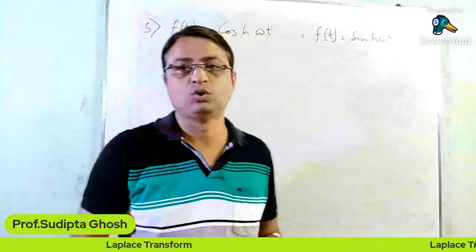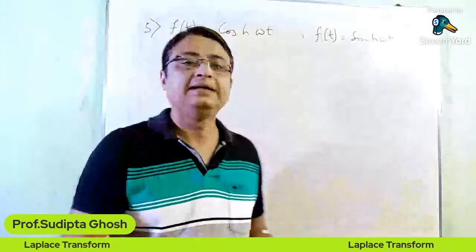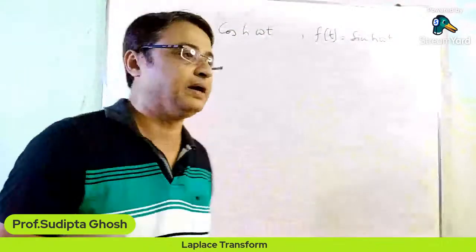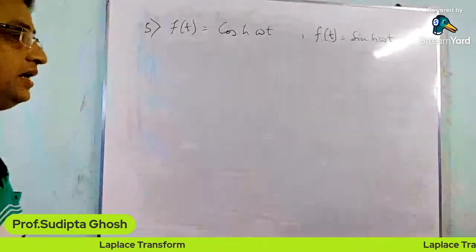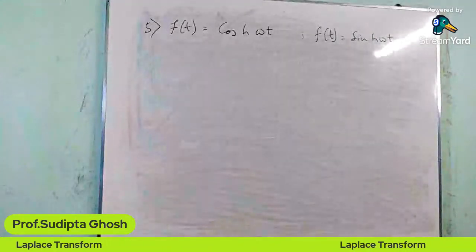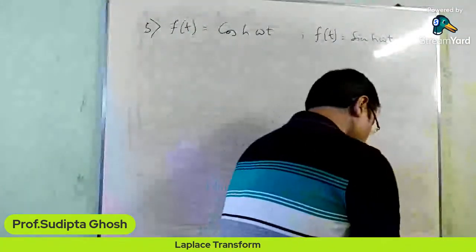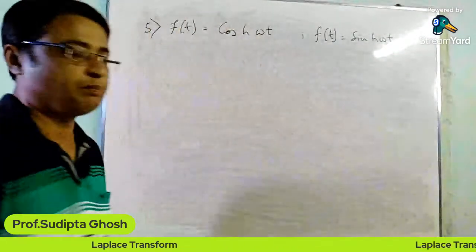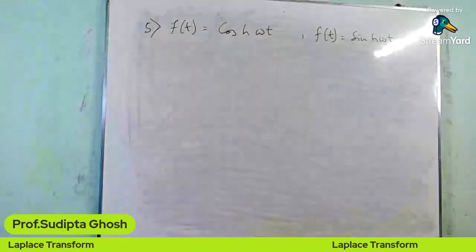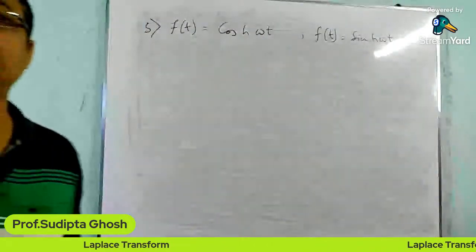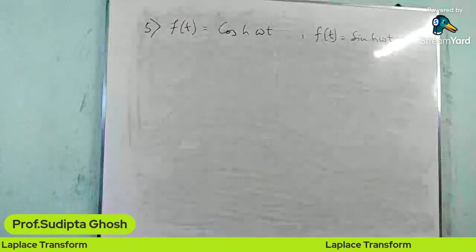So we have to find their transformations. Now for this to happen, we must first proceed towards a property of Laplace transformation, and that is the transformation of linear combination.